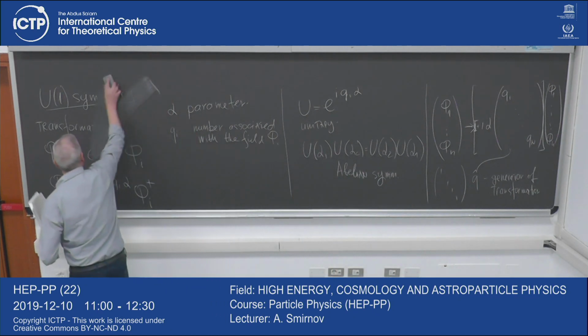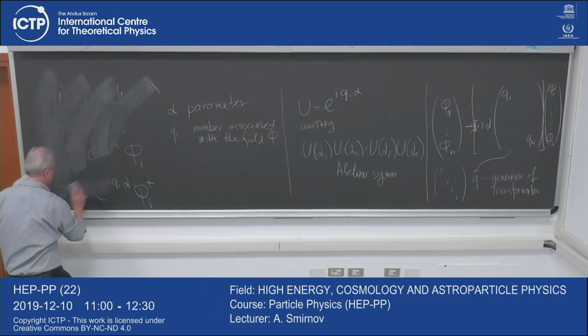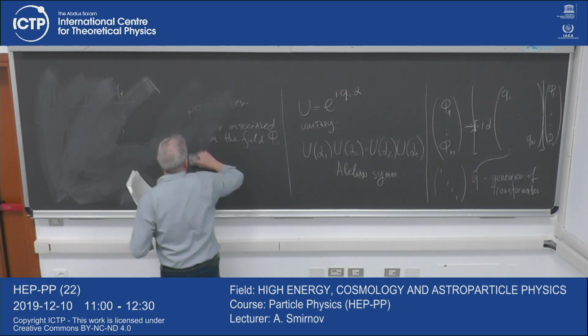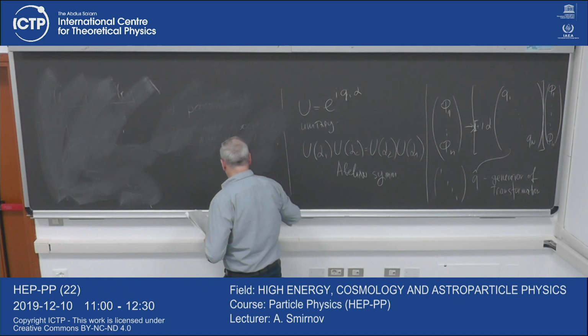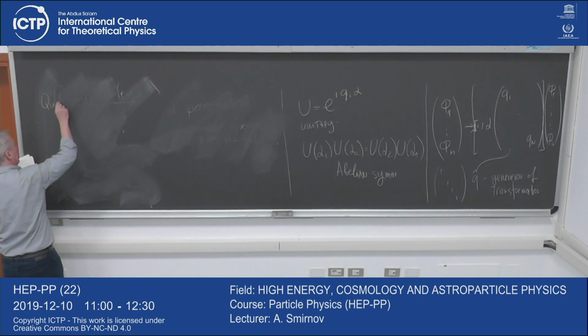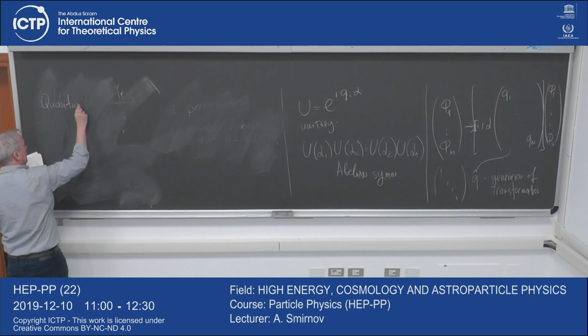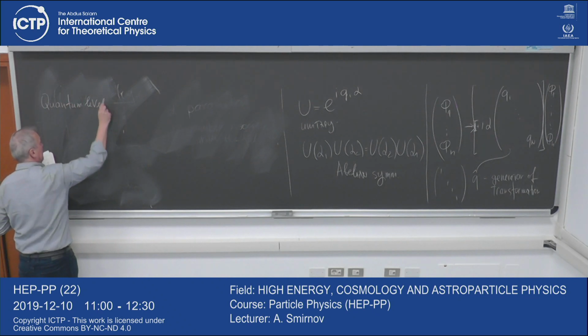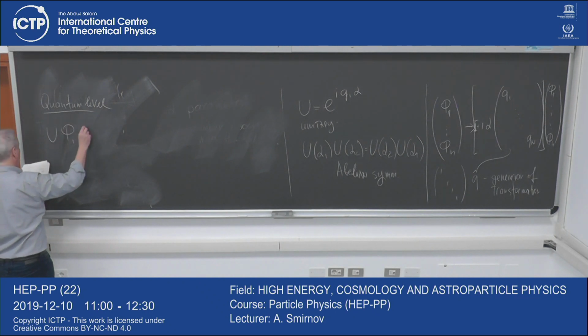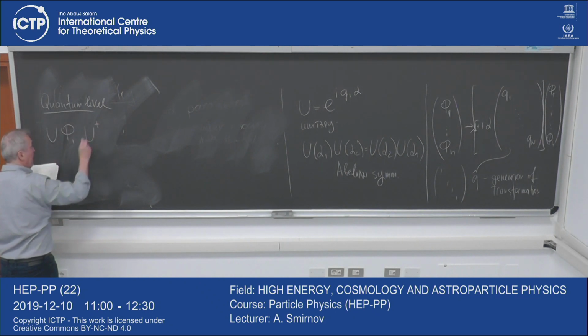Now let's go to the quantum level. So at the quantum level, we define the transformation as U, which is now the operator of transformation, acting on the field, and U dagger.